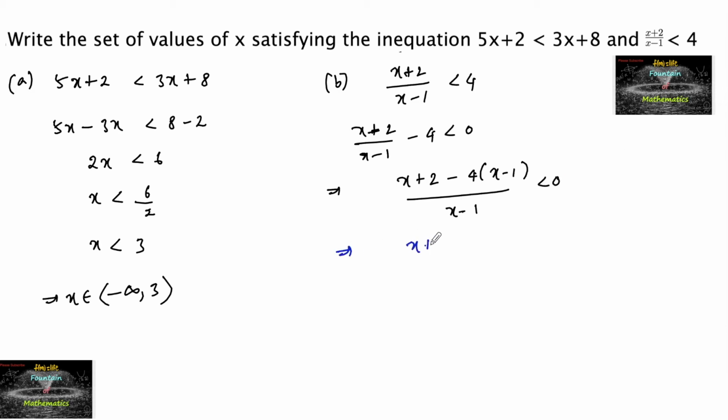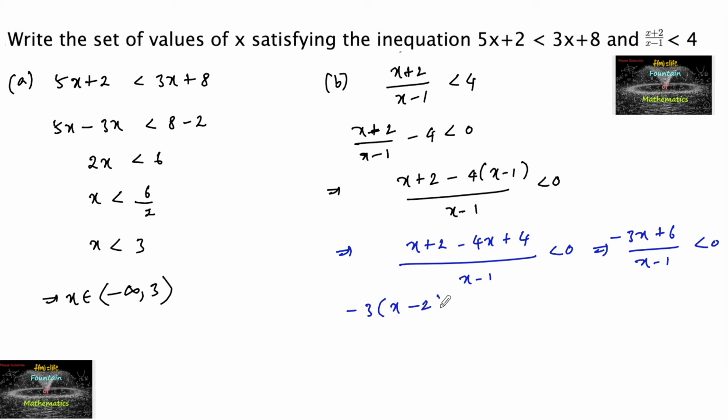So which implies x plus 2 minus 4x plus 4 upon x minus 1 is less than 0. So this can be written x minus 4x is minus 3x and plus 2 plus 4, that is plus 6 upon x minus 1 is less than 0, or we can take out common minus 3 of x minus 2 upon x minus 1 is less than 0.